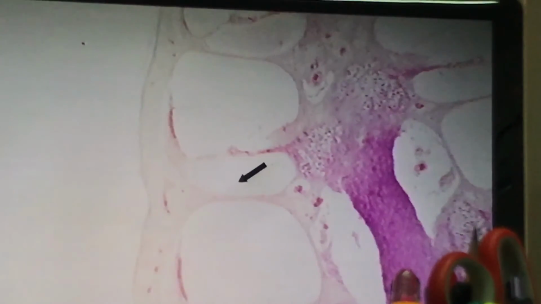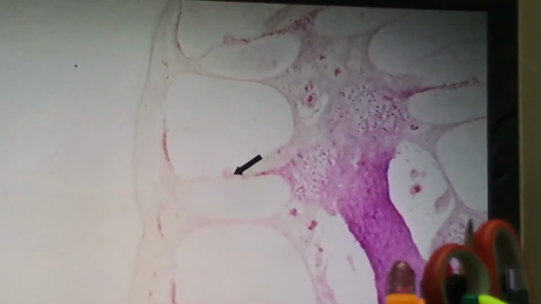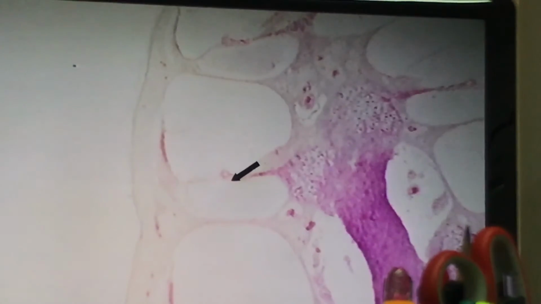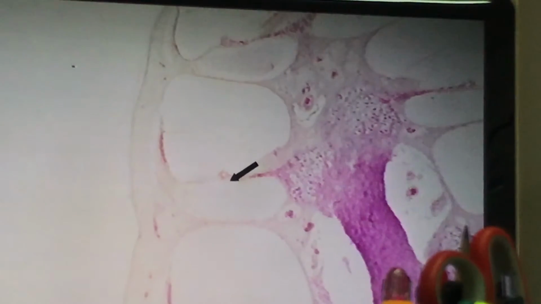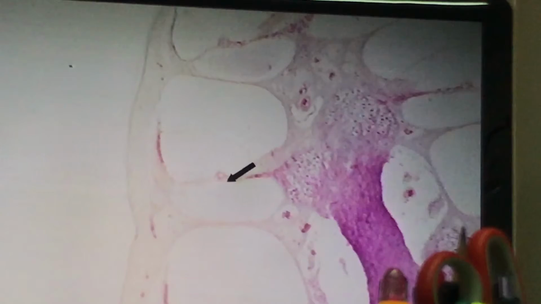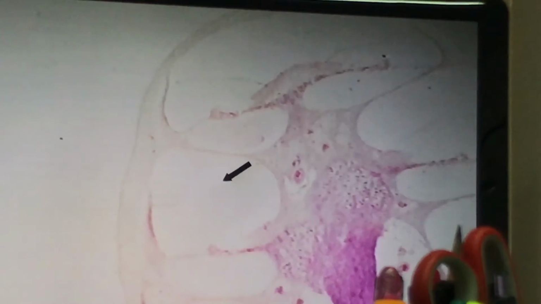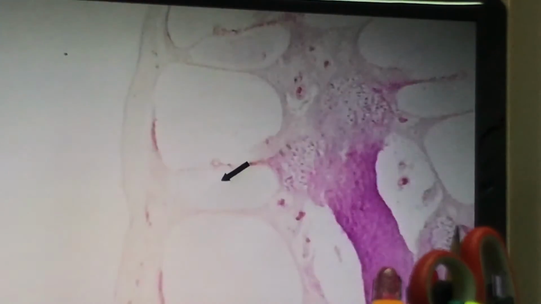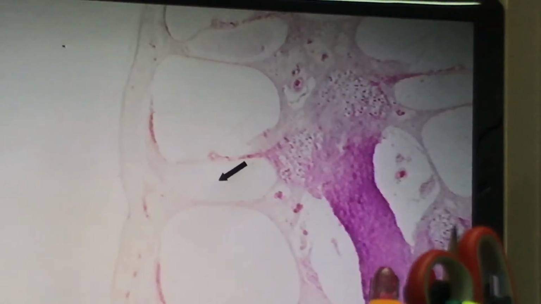It is separated from the scala media by another membrane called your basilar membrane. On the basilar membrane lie your hair cells. Both your scala vestibuli and your scala tympani secrete your perilymph.